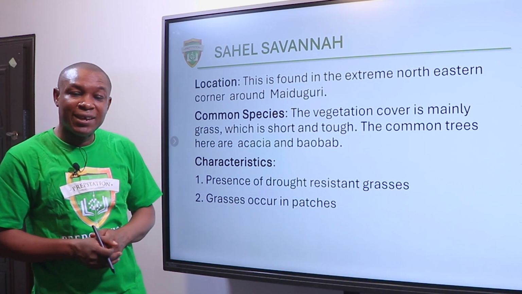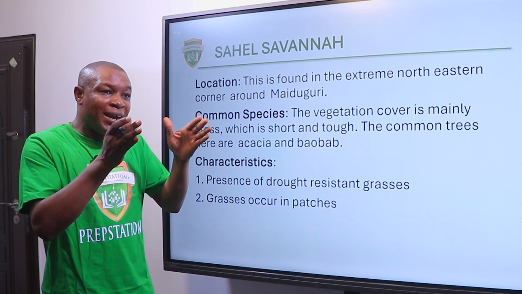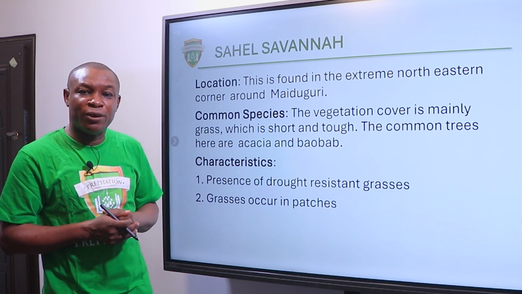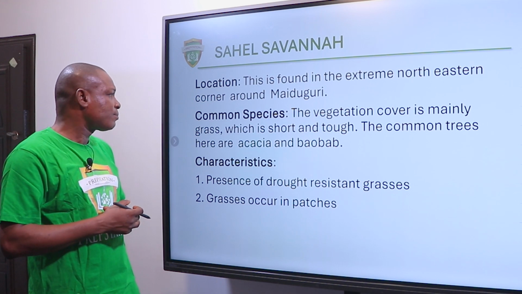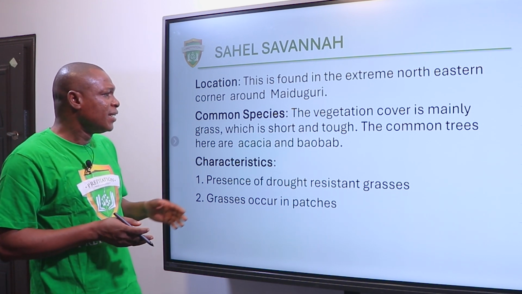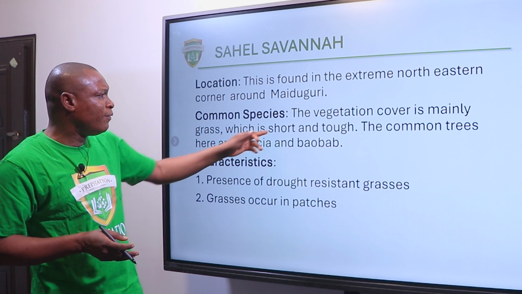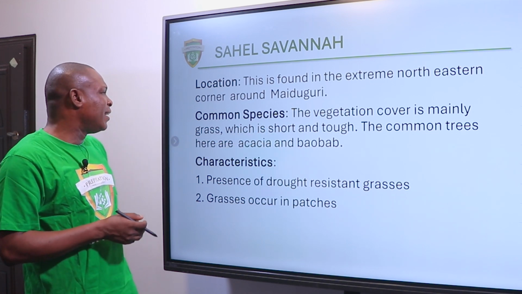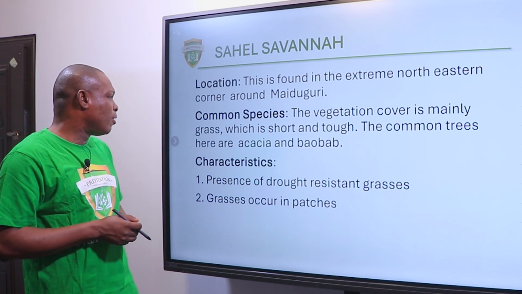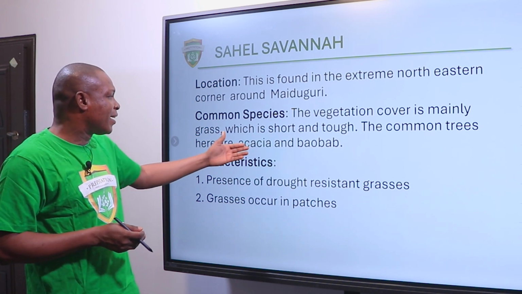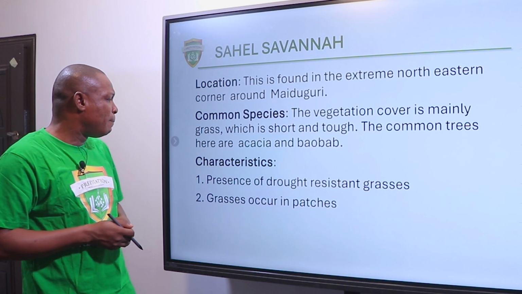Sahel Savanna. This is found at the northeastern corner of the country in Maiduguri or the Lake Chad region. The common species: the vegetation cover is mainly grass, which is short and tough. The common trees here are acacia and baobab.